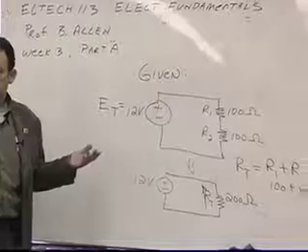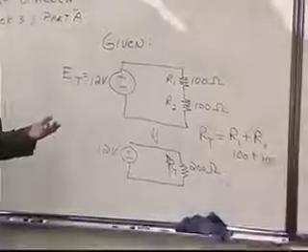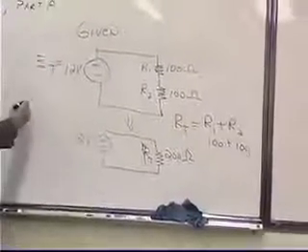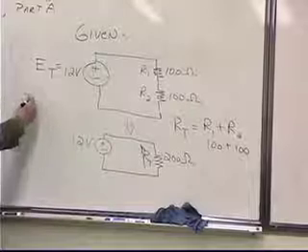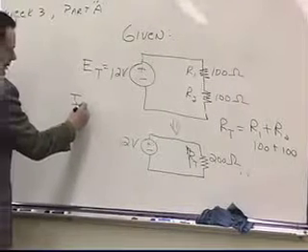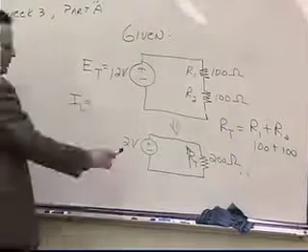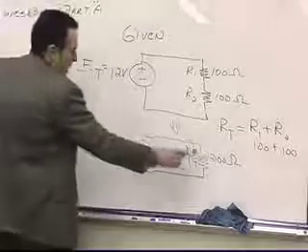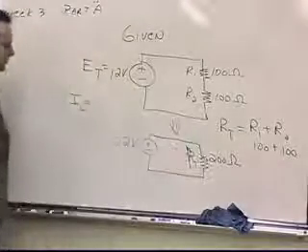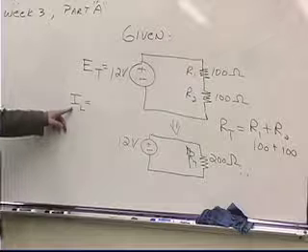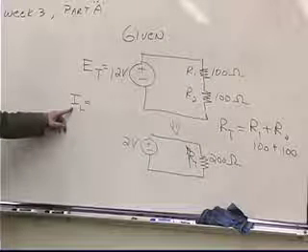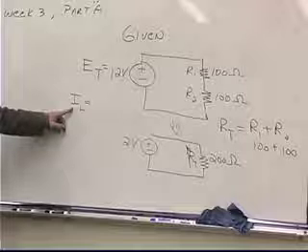Well, let's use Ohm's law, right? We want to know what current is flowing through the load. What is it that we have? We have voltage and we have resistance. So what formula from Ohm's law will give us current, or amps, if we have E and R?